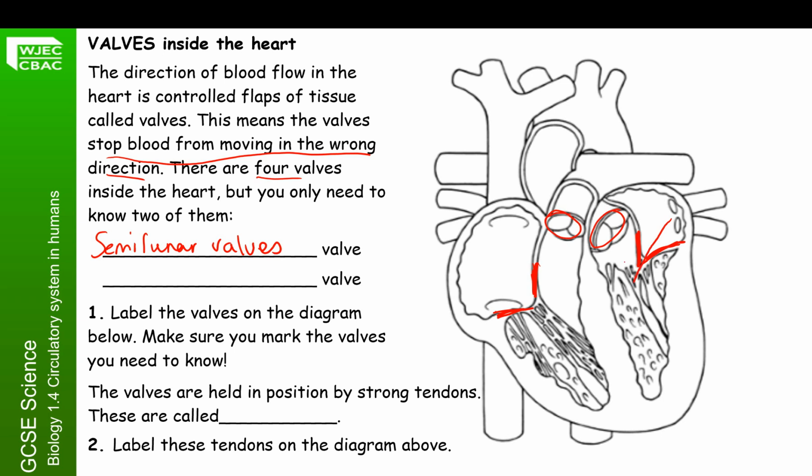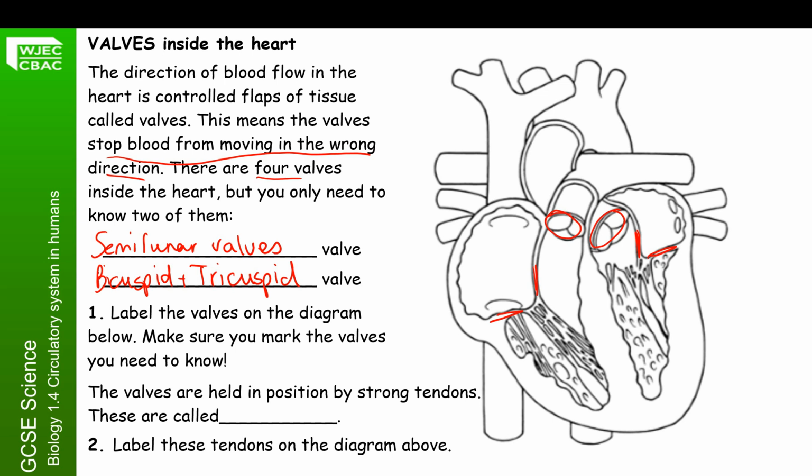So the blood comes through, but if it tries to turn back on itself, can you see? What it does is it closes the valve. So our blood comes through, but if it tries to turn back, it will close the valve so that it keeps the blood flowing in the right direction. So these valves here are called, on the left-hand side, the bicuspid, and on the right-hand side, the tricuspid. So we'll put bicuspid and tricuspid valves.